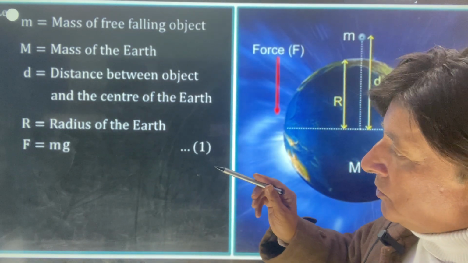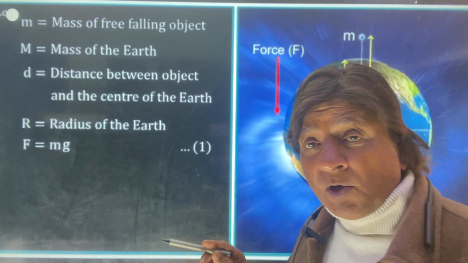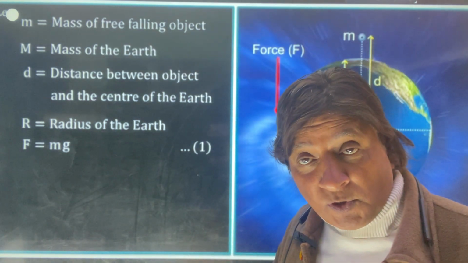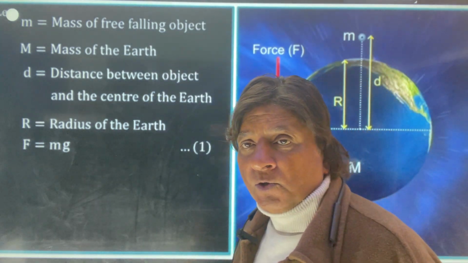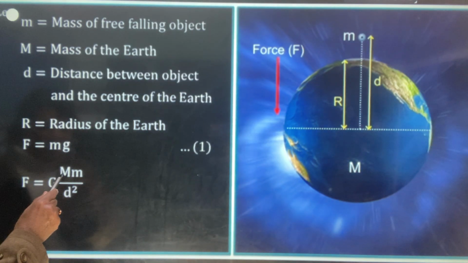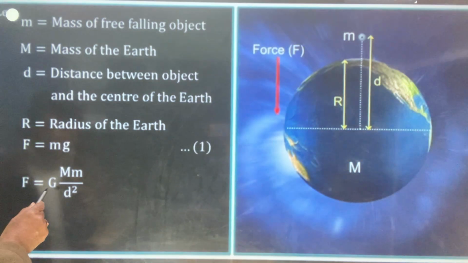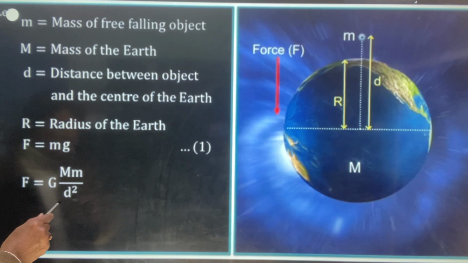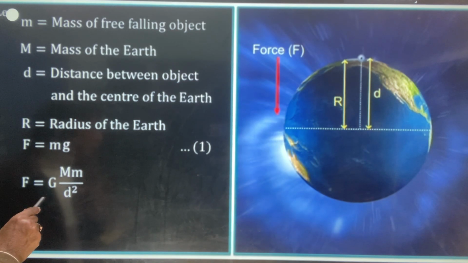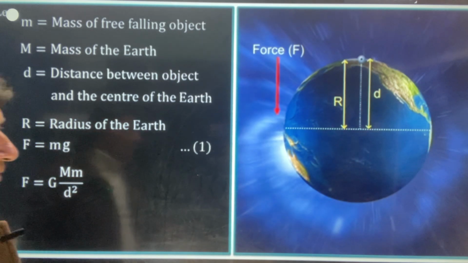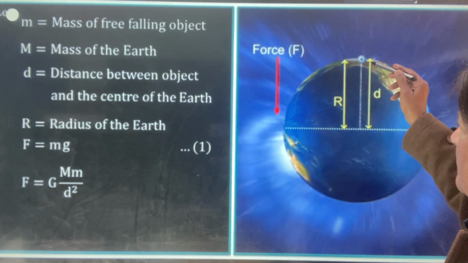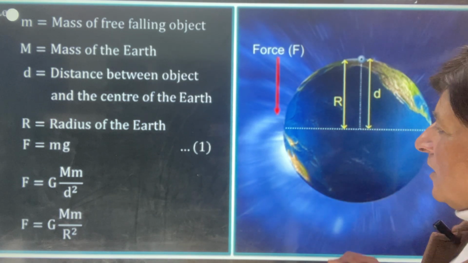Now this force, which is equal to mg, is given by Newton's law of gravitation. Newton states that every material body in this universe attracts each other, with force proportional to the product of masses and inversely proportional to the square of the distance. F is equal to G capital M small m upon D square. G is called the universal gravitational constant, and D is the distance of the object from the center of the earth.